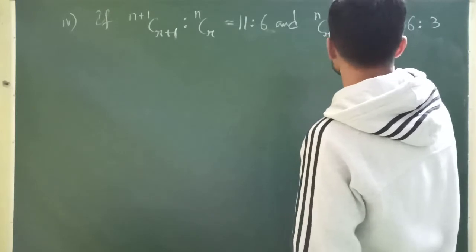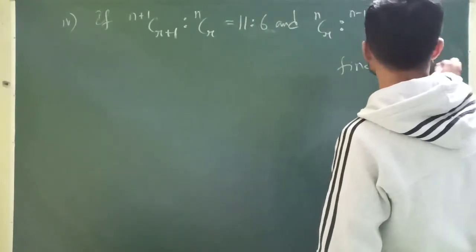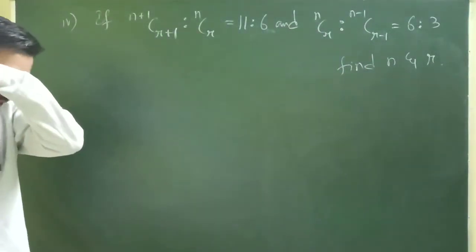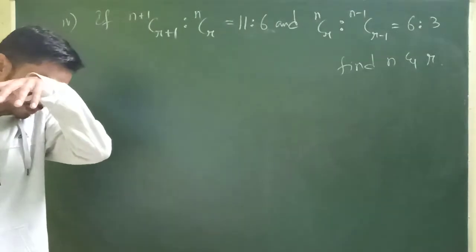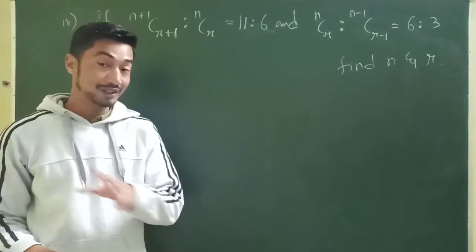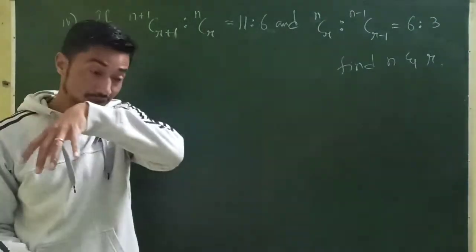Then the question is find n and r. Got it? This will be the last question, and definitely after this I am going to give you the shortcut, which is really going to be very useful.